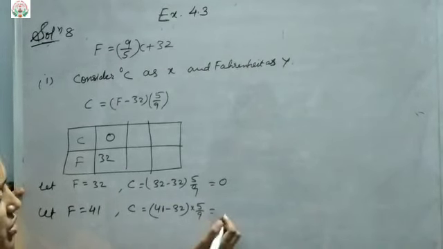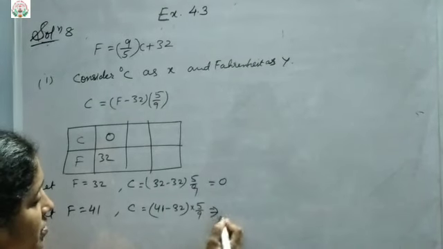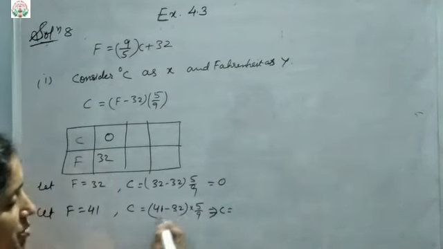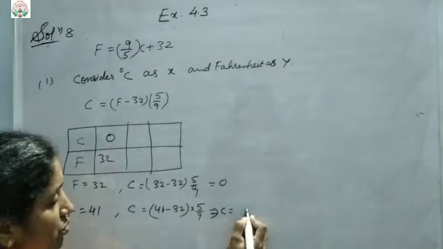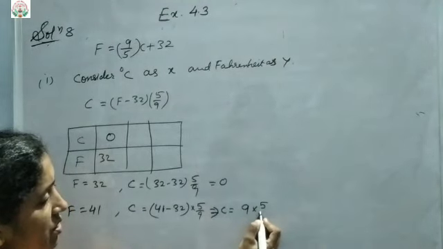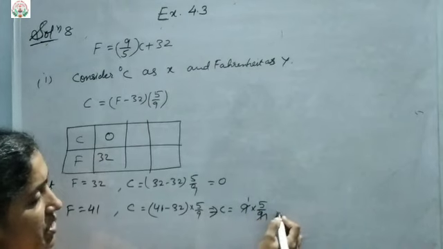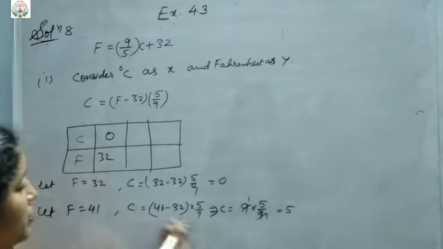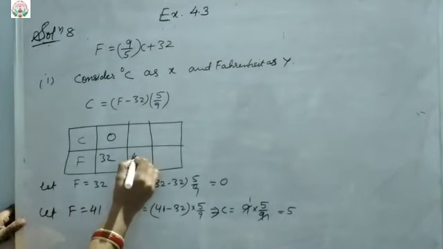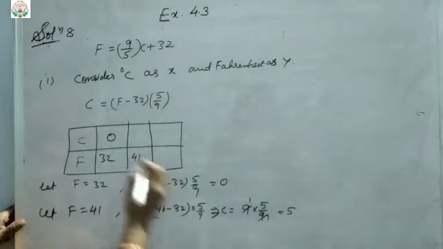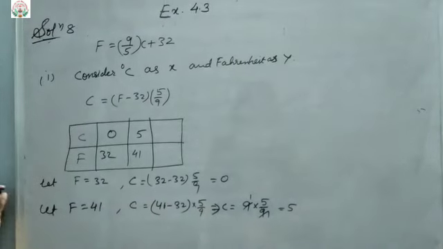On subtraction, you will get 9 only. So 9 into 5 upon 9, it will be easy. Numerator and denominator cancel off, so 5. So when F is 41, the value of C is 5. Got it?